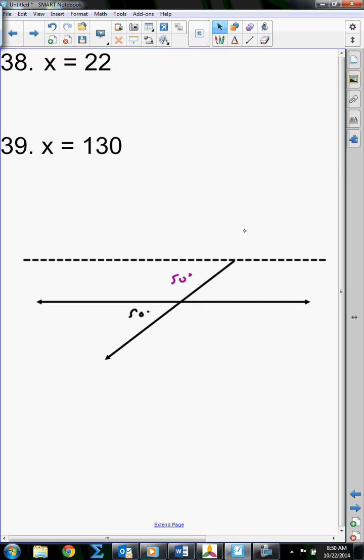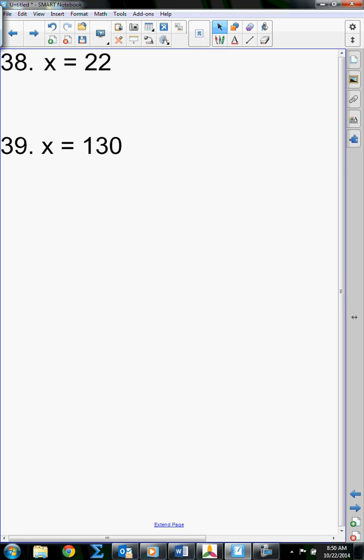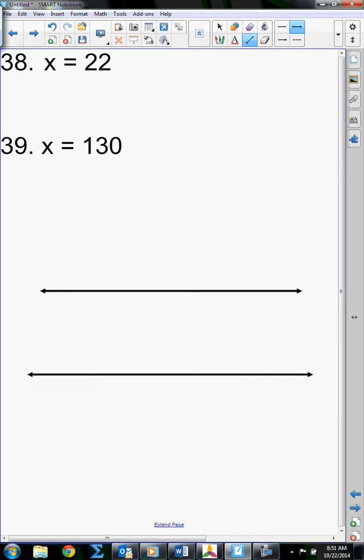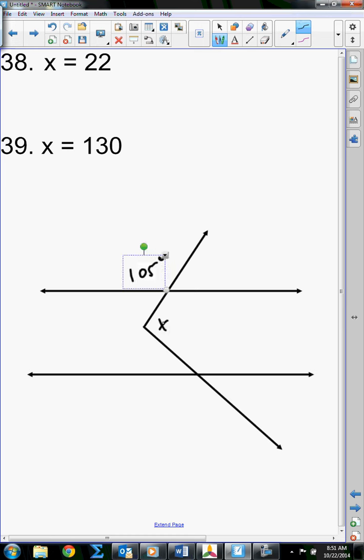Let's get rid of some of this stuff. Well, how about all of it? All right, now I've got another parallel lines problem. This is 105, this is x degrees, this is 125. So let's do the third line parallel.